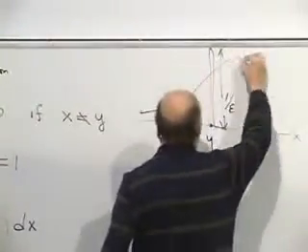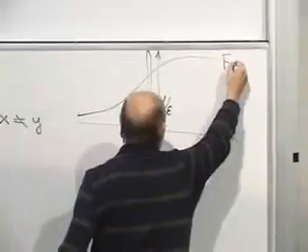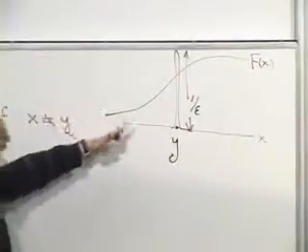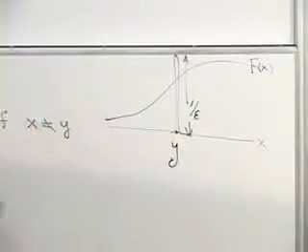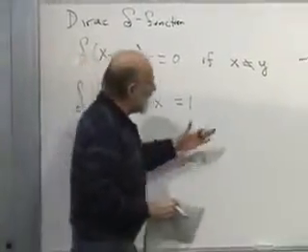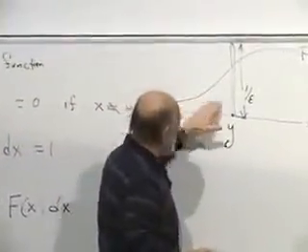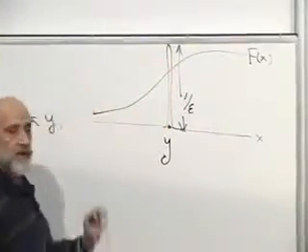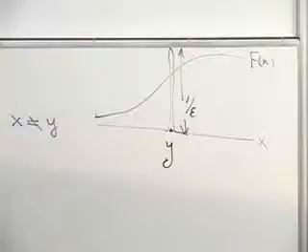We have some function f of x, and the value of the function away from this point is quite irrelevant to the integral, because when we multiply f of x by the delta function, it is 0 on both sides here, and only the value of the function in this narrow interval can be important.